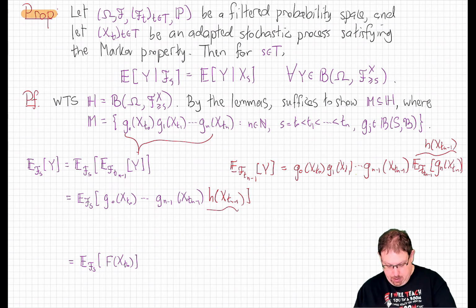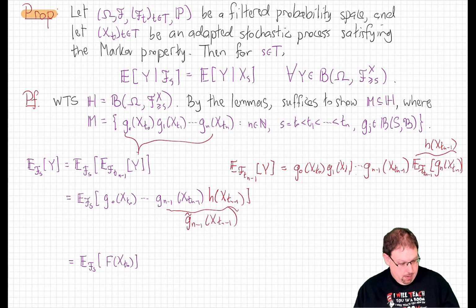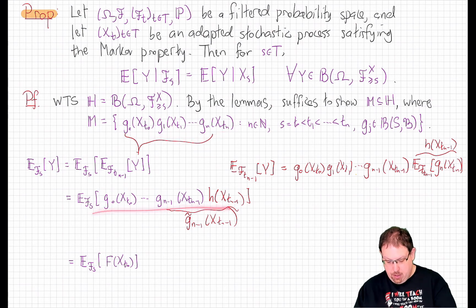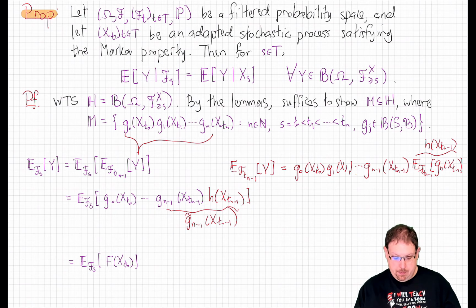Now let's rename this product of two functions at time t_{n-1} as just g̃_{n-1} of X_{t_{n-1}}. And so we have reduced this conditioning of a product of n plus 1 things down to a product of n things only, up to time t_{n-1}. Now we rinse, lather, repeat.